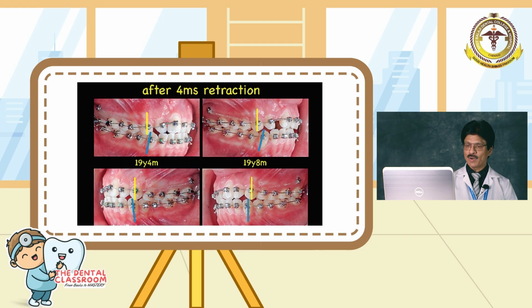So this shows how an IZC screw can bring about effective retraction of the anterior teeth bypassing the roots, because these screws are placed extra-alveolarly.